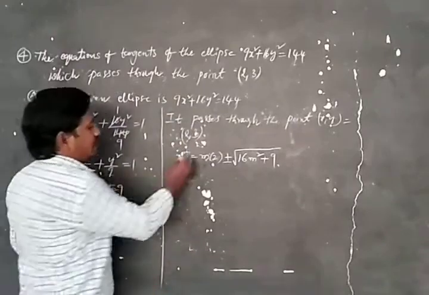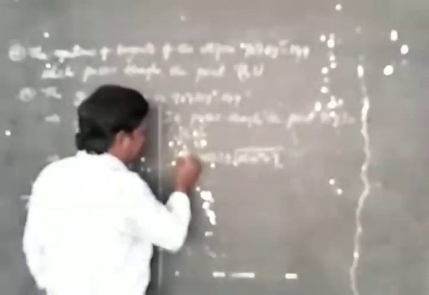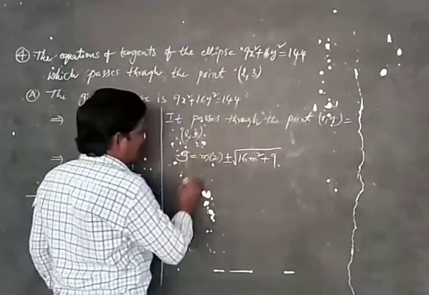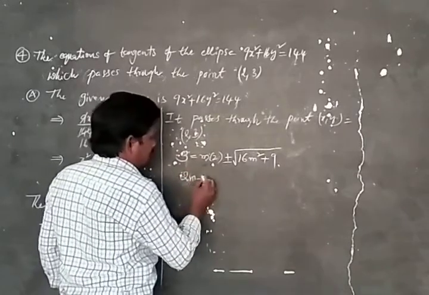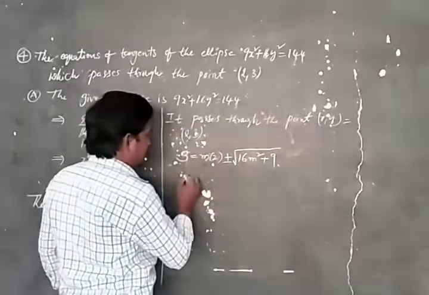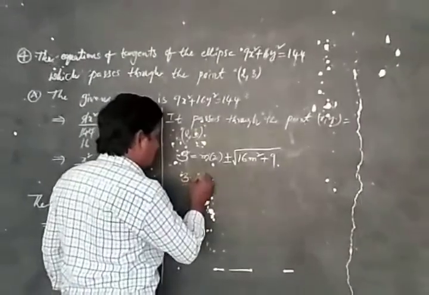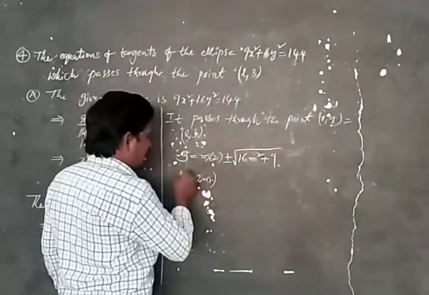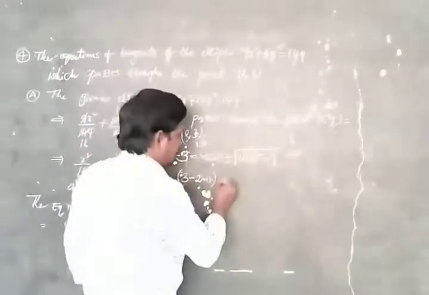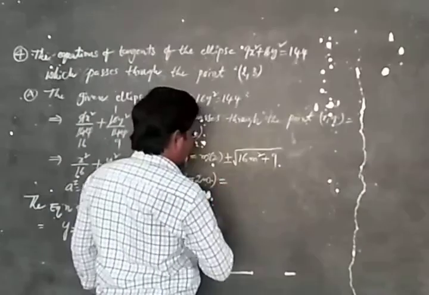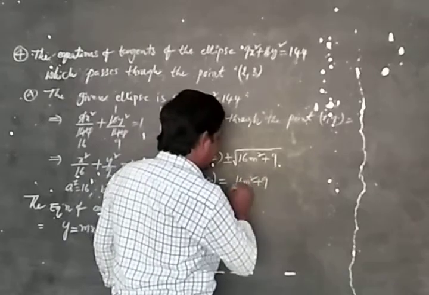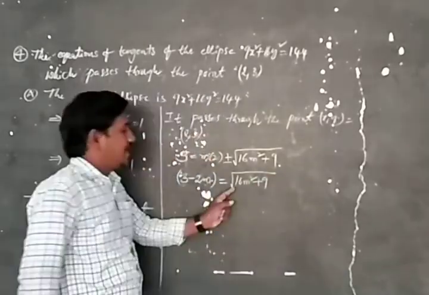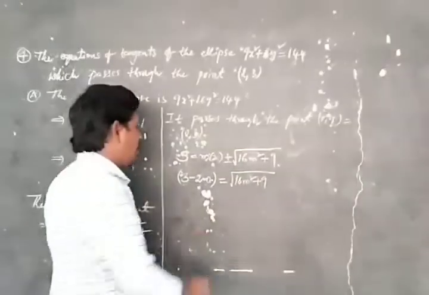So 3 minus 2m equal to root of 16m square plus 9.